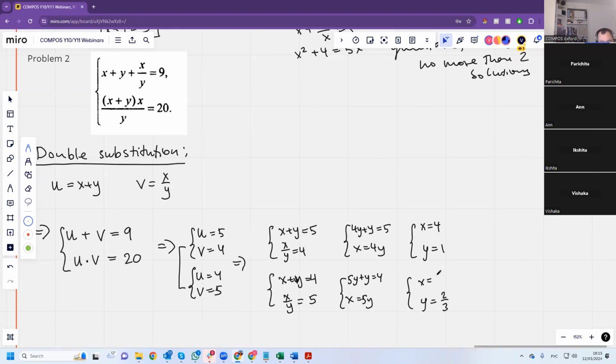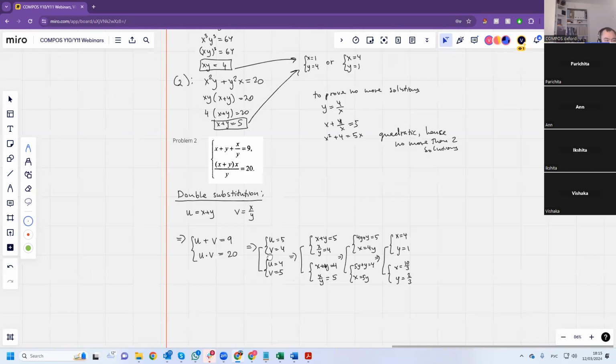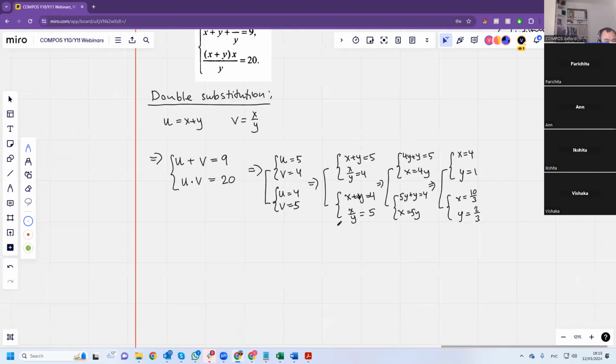And X is equal to 10/3. Okay, and that's the answer. Or 4, 1, or 10/3, 2/3.